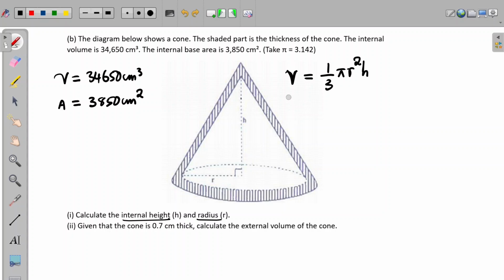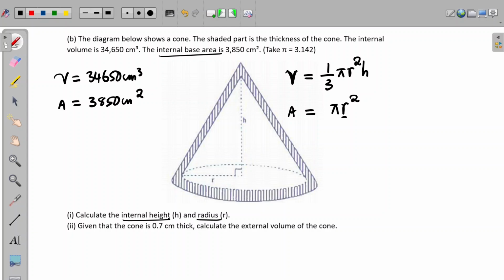We also know that we have been given area, the base area, which is found by pi r squared. So we can see that in area we can find the r, and then in volume we can find the height.